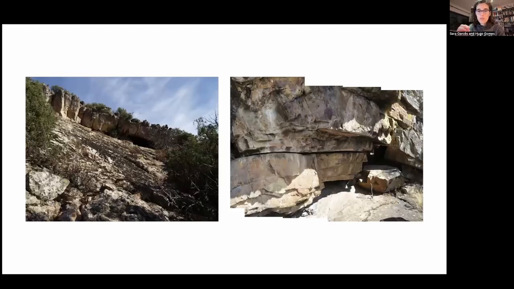And in both we can find both engravings and paintings, okay? So it's quite common to have both techniques in many different places. Both engravings and paintings can be found open air or in caves.